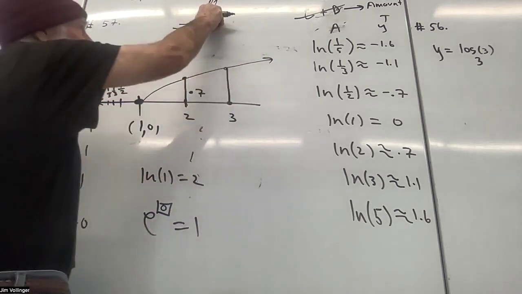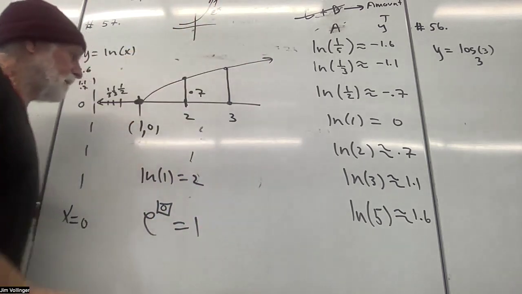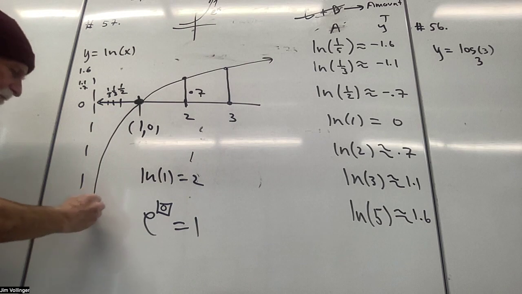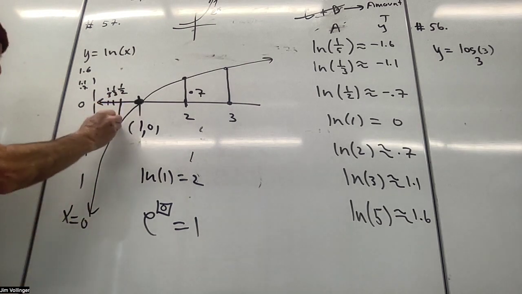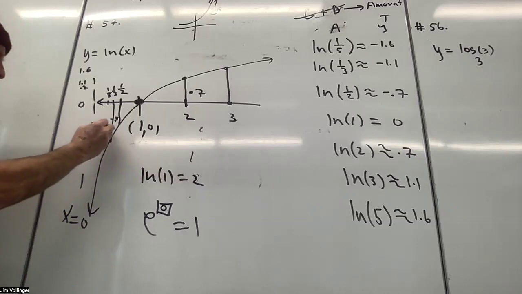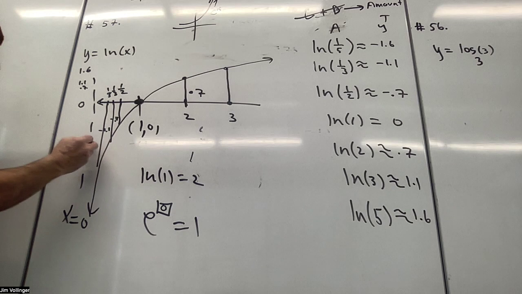I think I'm doing the inverse of that section of E to the X. And what's happening here? Mirror image, but in the negative direction. 1/2 is negative 0.7. 1/3 is negative 1.1. 1/5 is negative, not a very good drawing, negative 1.6.